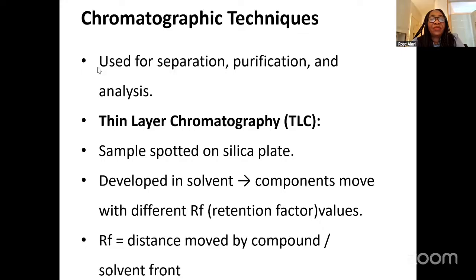Here you have the example of thin layer chromatography, where you spot a sample on a silica plate, and then it is developed in the solvent, and the components move with different retention factor values. The retention factor equals the distance moved by the compound divided by the solvent front.